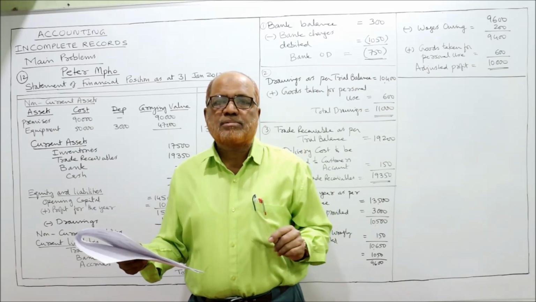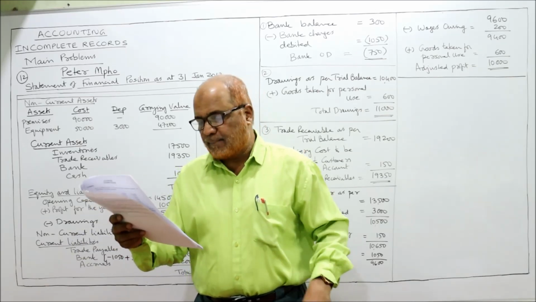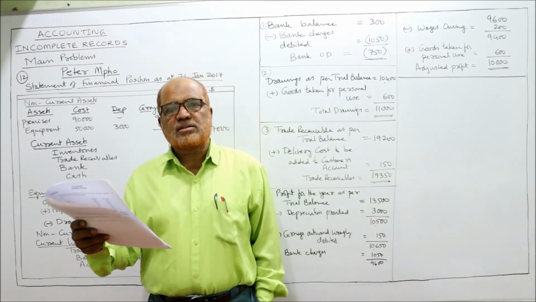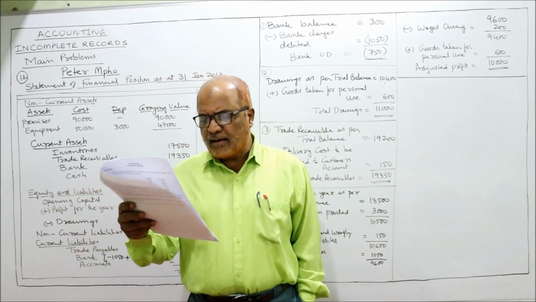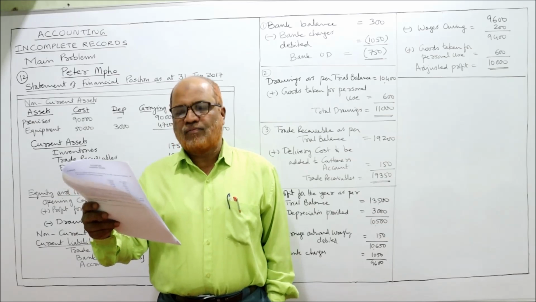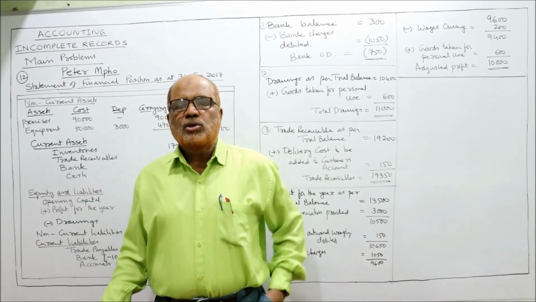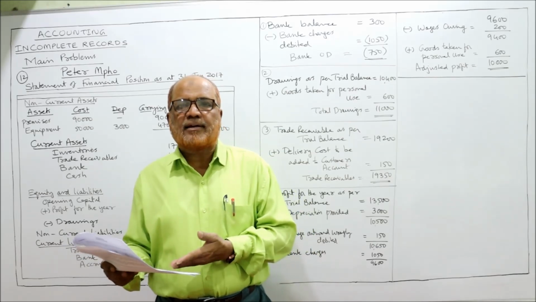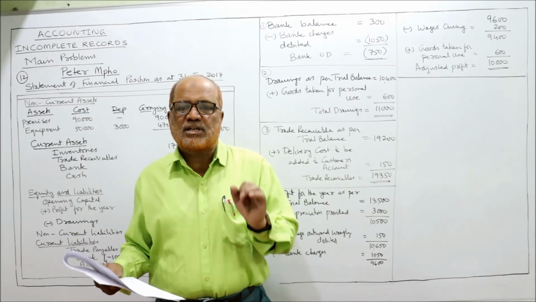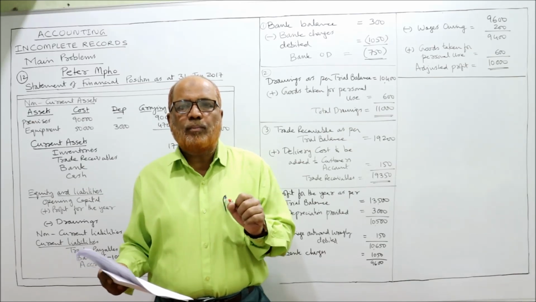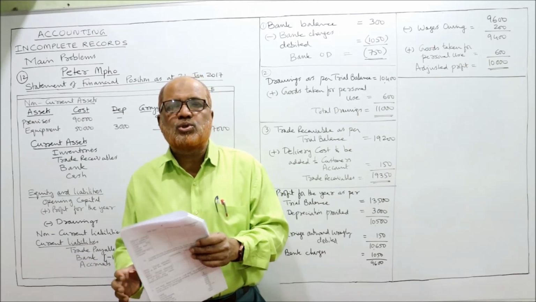If a credit balance comes, it's a bank overdraft, a liability. Then petty cash, this is the cash in hand, a current asset. Drawings are 10,400 and profit for the year 13,500. Profit is already calculated, so no need to make the income statement. We only have to make the statement of financial position.